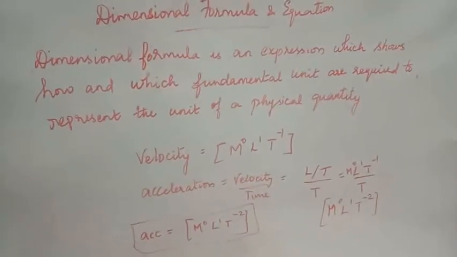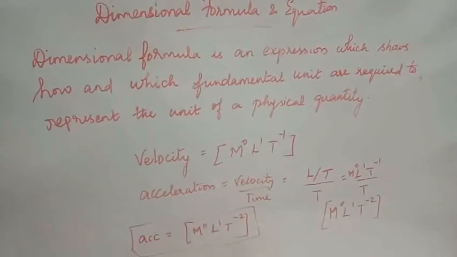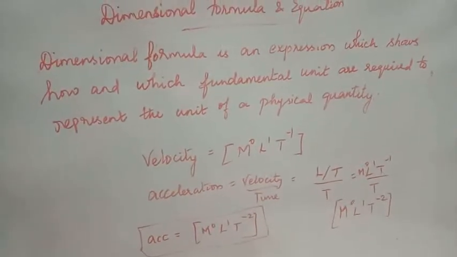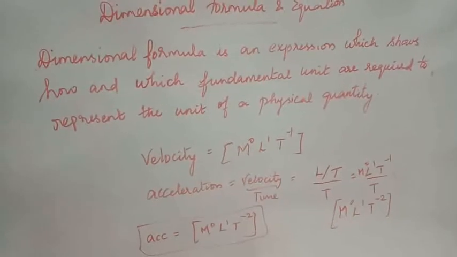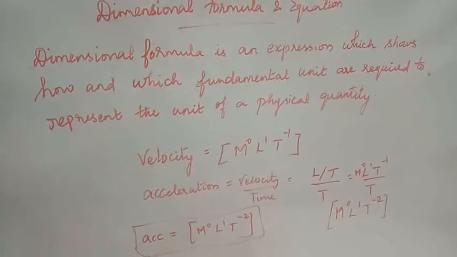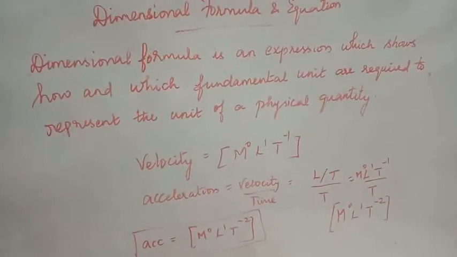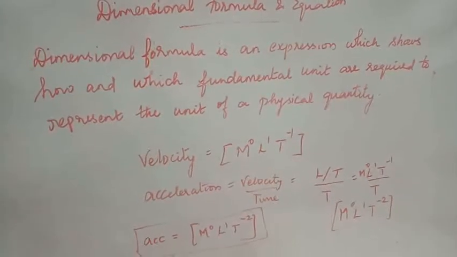Dimensional formula and equation. A dimensional formula is an expression which shows how and which fundamental units are required to represent the unit of a physical quantity. As we know, any quantity can be represented using fundamental units.